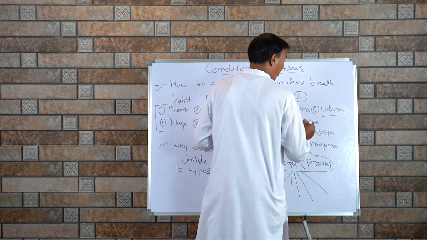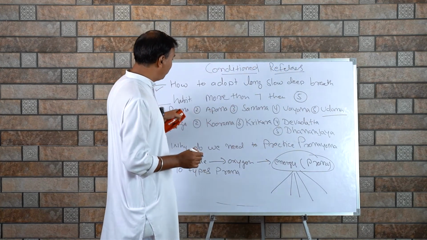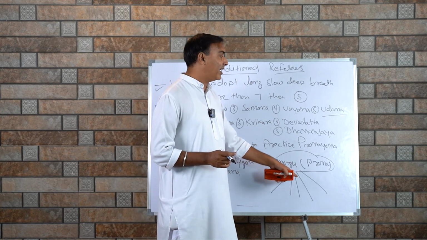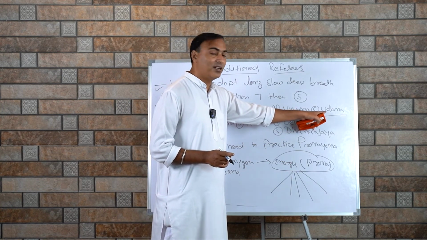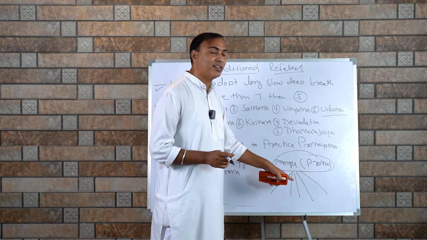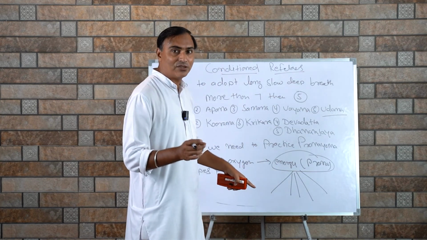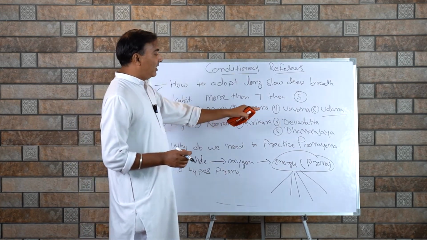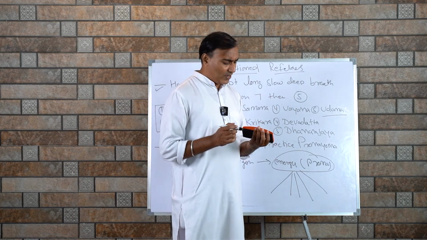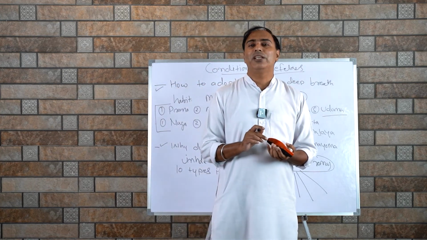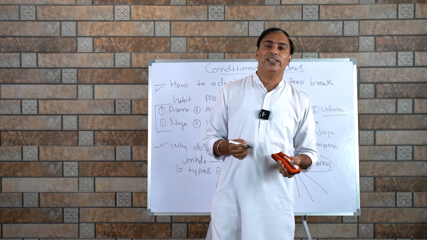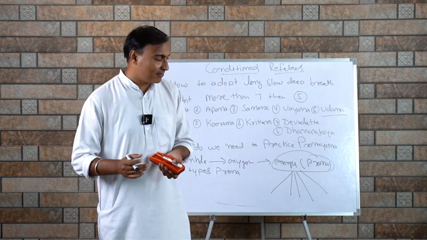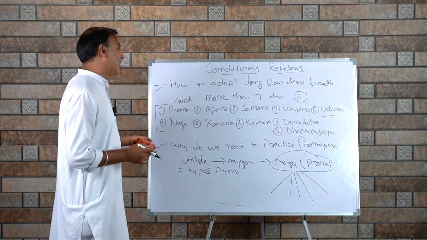Udana creates coordination among all these pranas, and the distribution of the energy to every cell of the body depends on the Udana. Naga, Kurma, Krikara, Devadatta and Dhananjaya are there for very small aspects of the body like sneezing, belching, hiccups, blinking of the eyes, thirst, hunger.